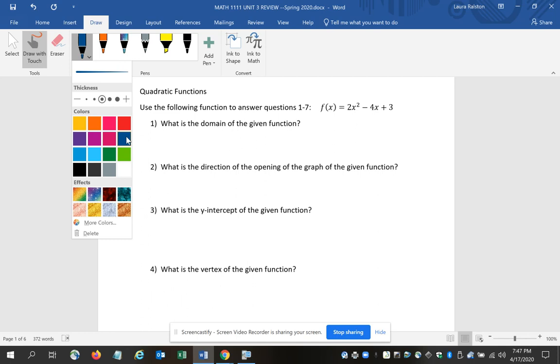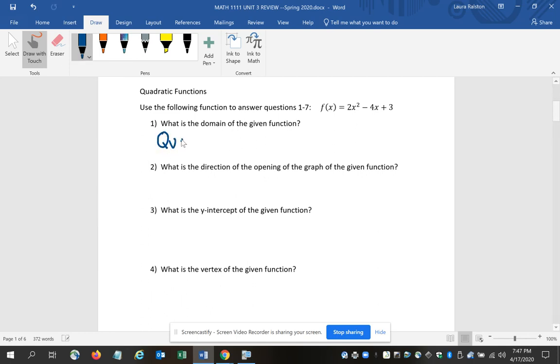And then question 1 says, what is the domain of the given function? Well, I have a quadratic function because I have a high exponent of 2.